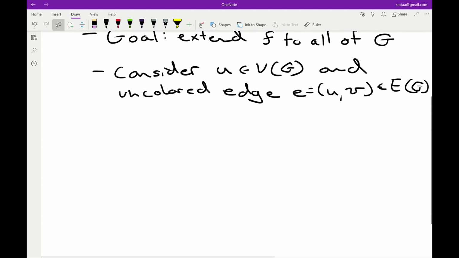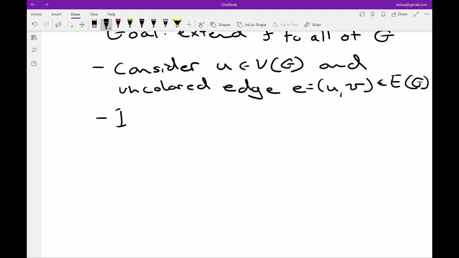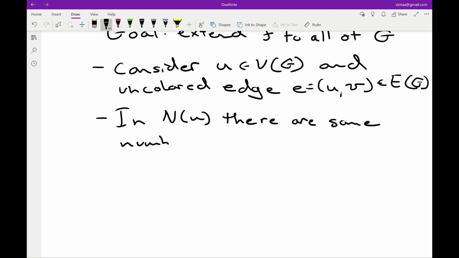In the neighborhood of our vertex U, there are some number of existing colors, but more specifically, there are going to be some colors missing.